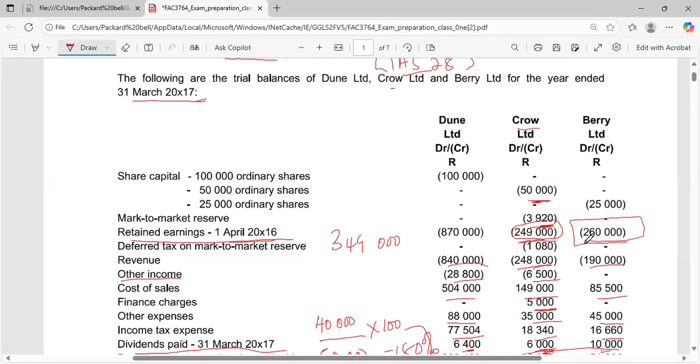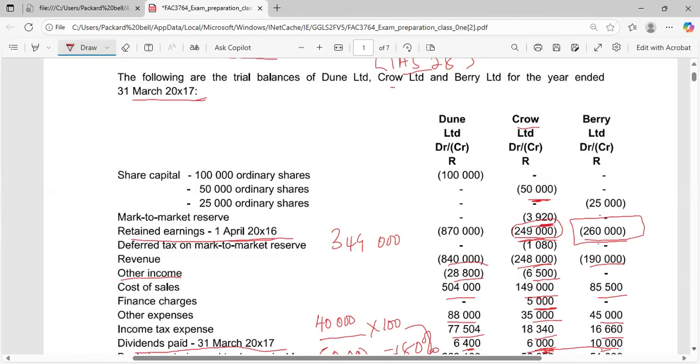So here we're going to have this retained earning plus the share capital plus the revaluation of the land. So let's go ahead and fill in there and see.